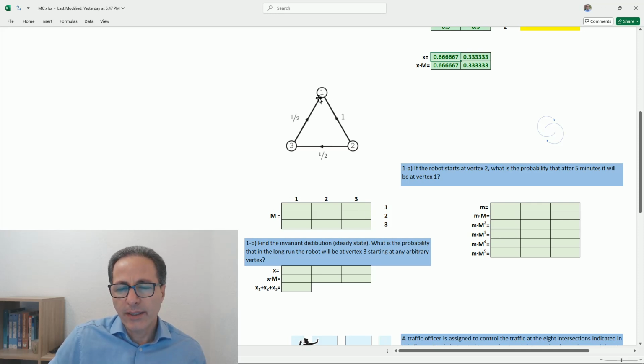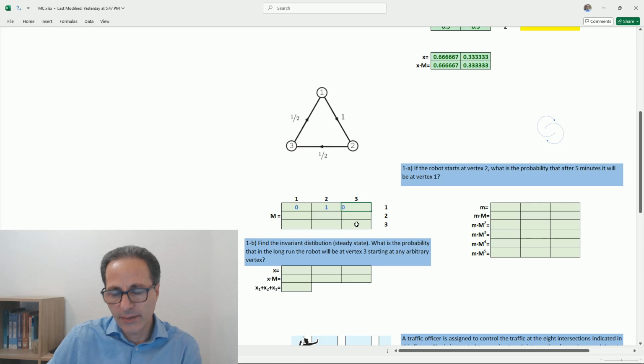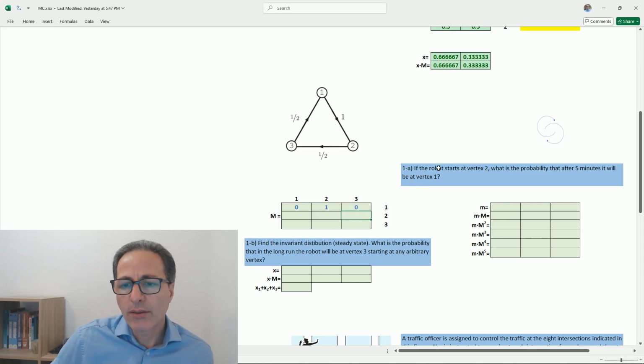So here we can see that if we are in vertex 1, by probability 1, or certainly, we are going to move to 2. So from 1, we are going to move to 2 by probability 1. And for the others, for sure, we are going to have 0 and 0. And this is a robot moving around these vertices, and after every minute, it decides to stay, for example, at 2 or move to 3 by the given probability.